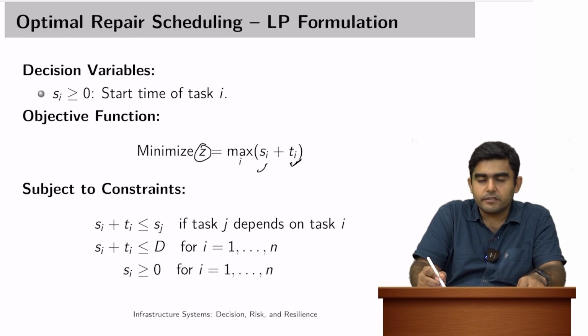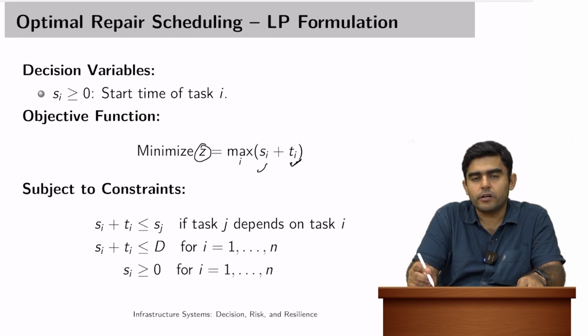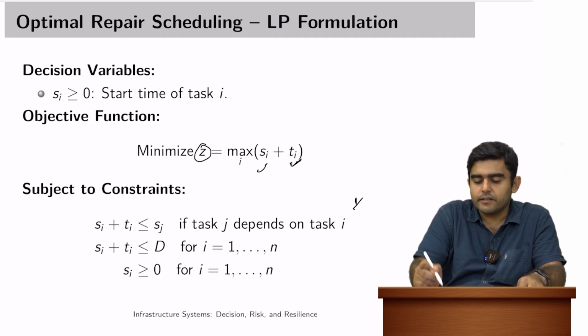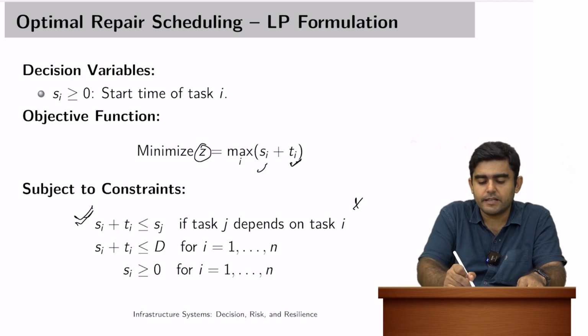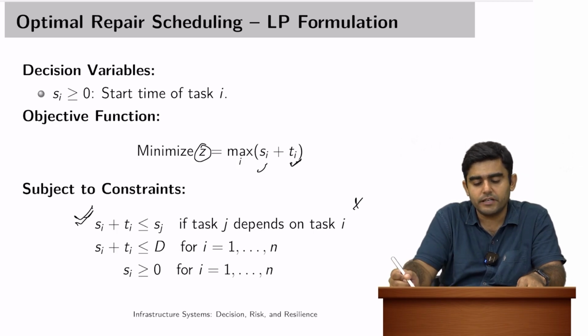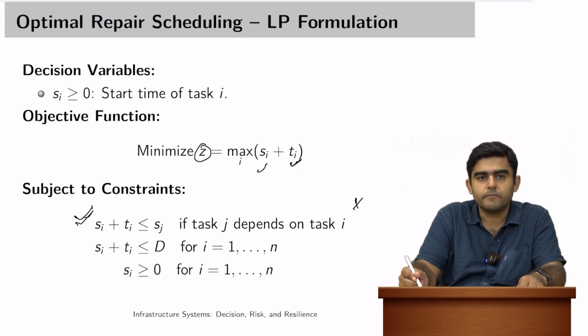And there are certain constraints: if task j depends on task i, it should not start before task i is complete. To capture that, we can write another constraint such as Si plus Ti should be less than or equal to Sj, where T is the time of completion and S is the time of start of a particular task.